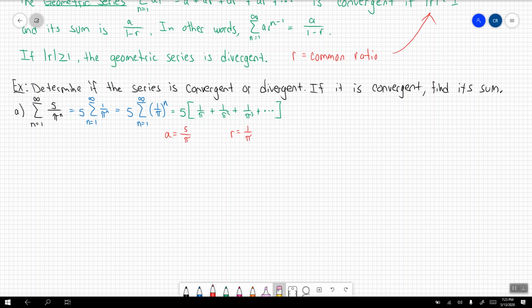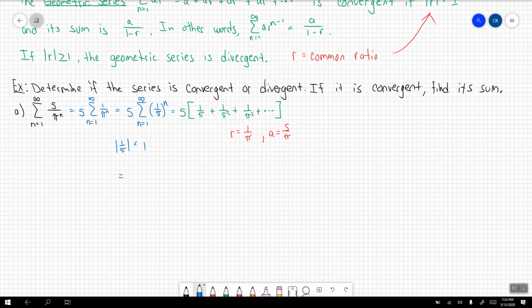So notice, did I really need to expand this whole process in order to identify the common ratio and the very first term? The answer is no. The only thing we do need to see is that since the common ratio is 1 over pi, the absolute value of that is less than 1.